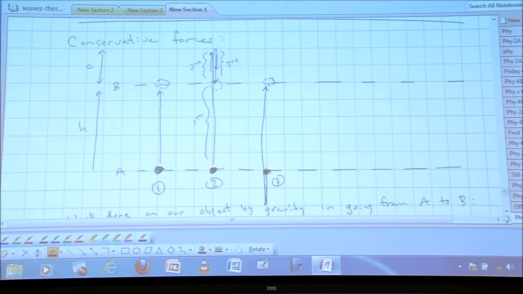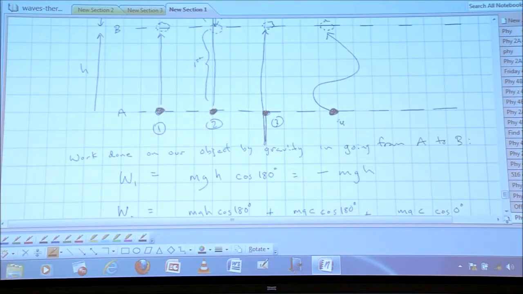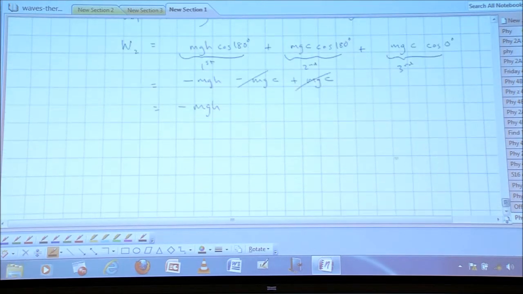How about this path? It turns out they're all the same, right? The work done on path 1, the work done on path 2, the work done on path 3, the work done on path 4, the work done on any path between A and B is going to be the same.